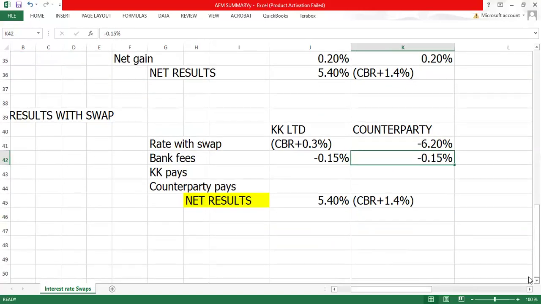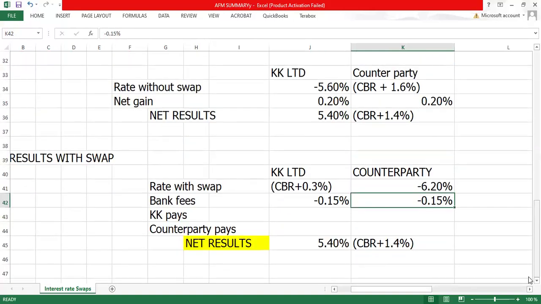Now, after knowing this, you ask yourself, just go to net results without swap and ask yourself, who is actually paying CBR?